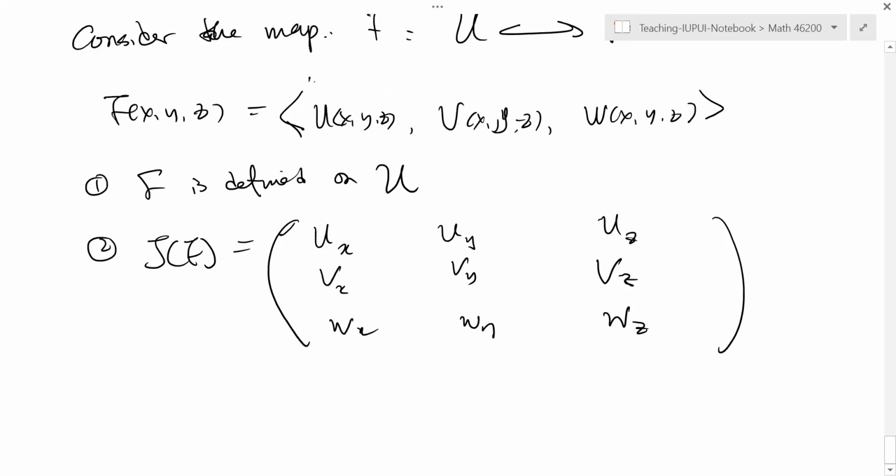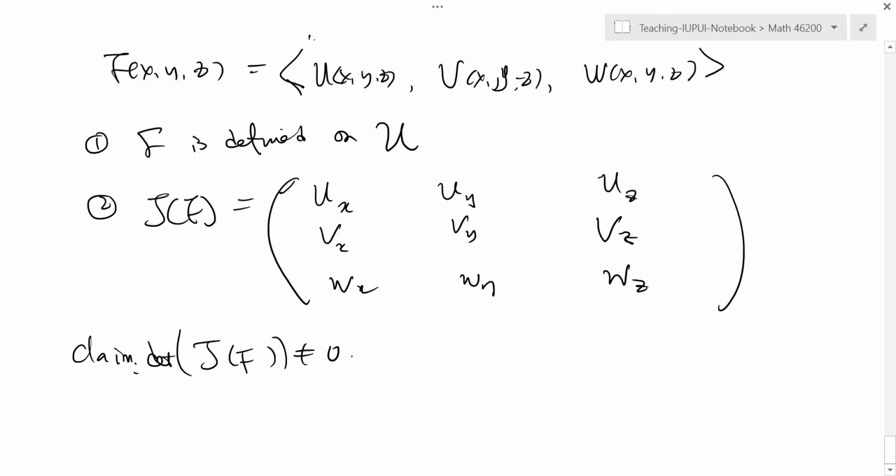Based on what we assume, we are going to get a non-degenerate matrix. My claim is the determinant is not going to be zero. Why is this obvious? Think about it.